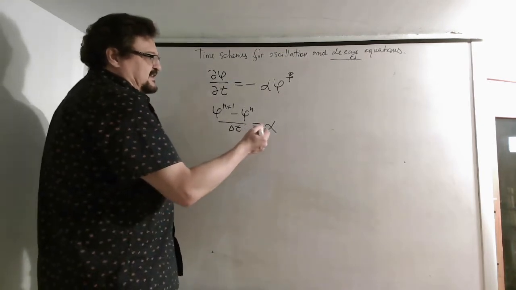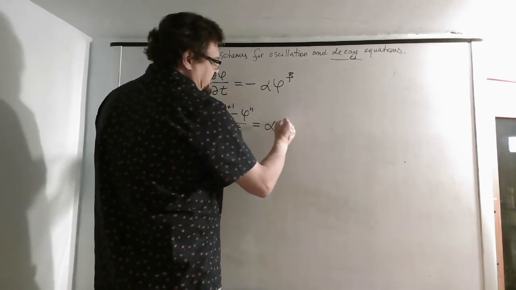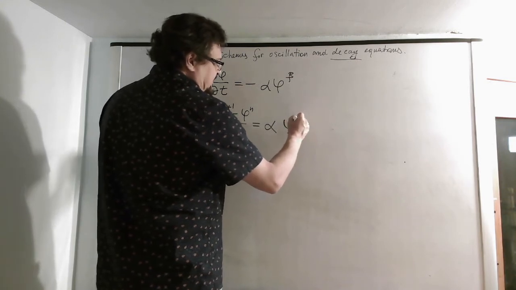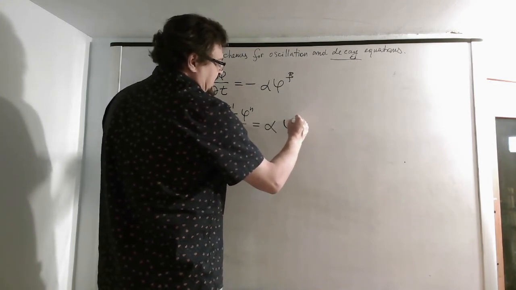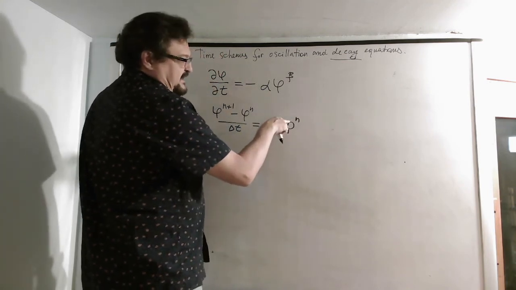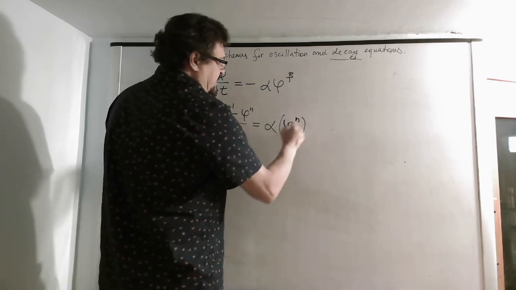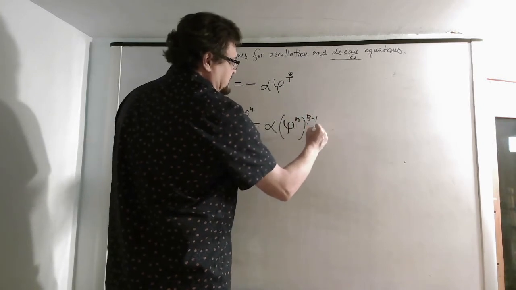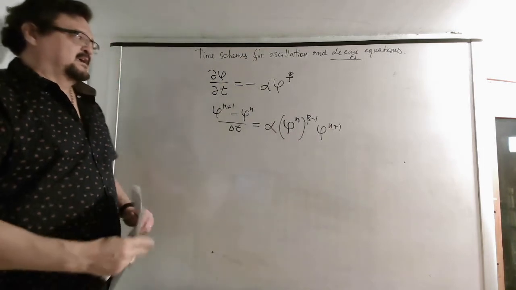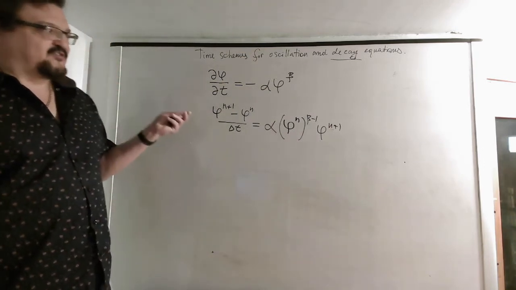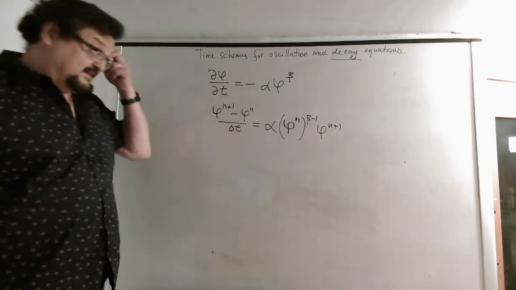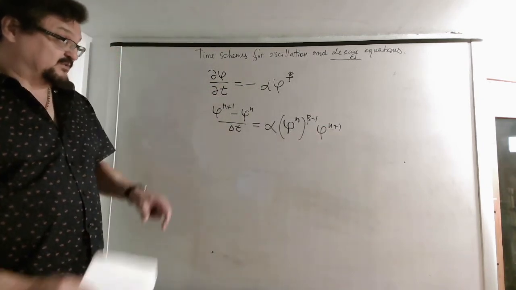So instead, what you could do is just linearize it. You compute this phi to the power of beta at the time step n, and to the power of beta minus 1 times phi n plus 1. So you linearize it around n, and this is the form that you would use.